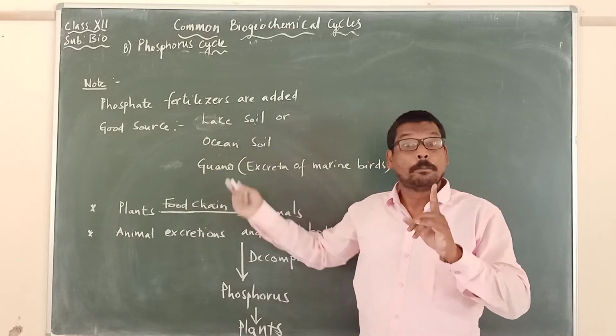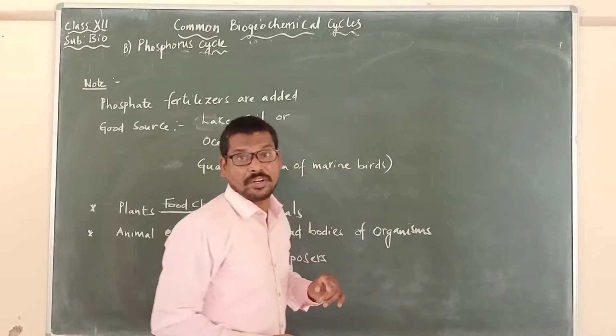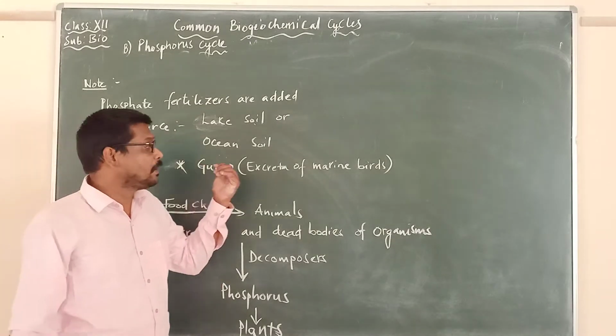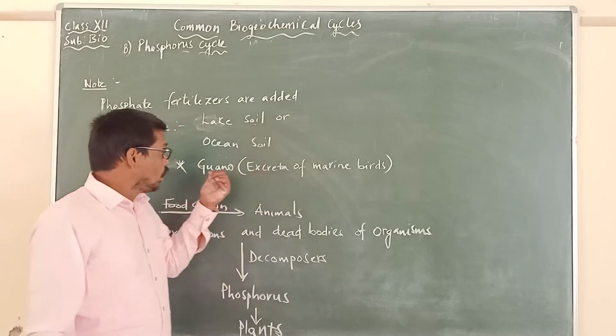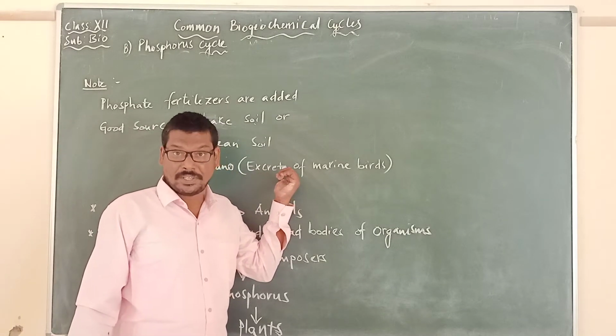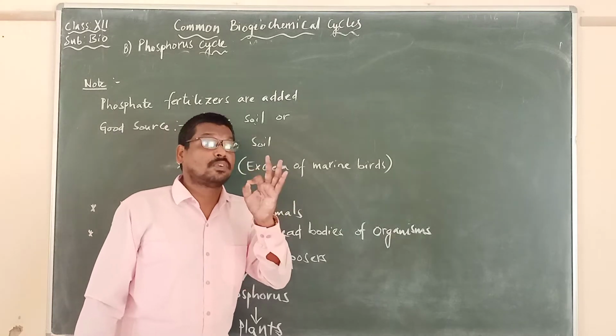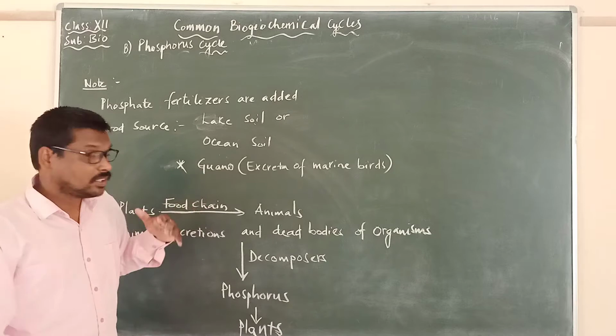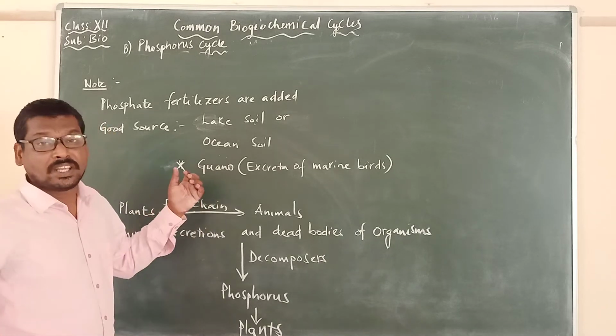Another very interesting point we have to keep in mind is guano. It's a marine bird. The excreta of this marine bird, called guano, consists of a lot of phosphorus. So this is also an important point we should keep in mind.